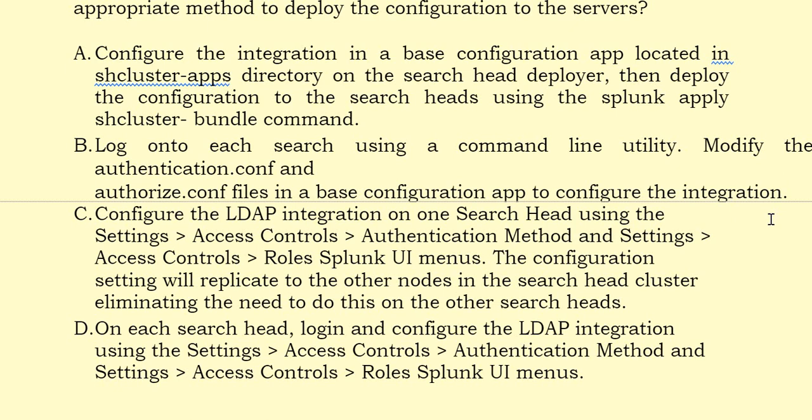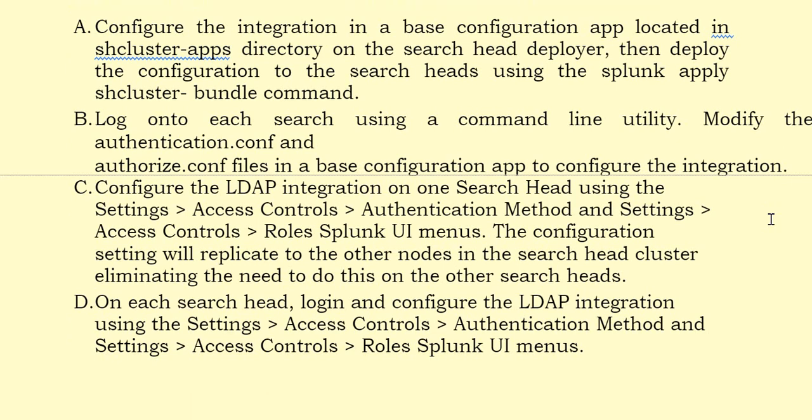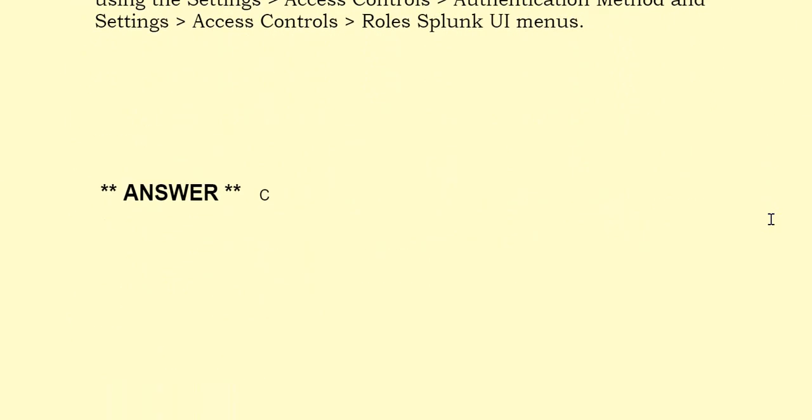Option D. On each search head, log in and configure the LDAP integration using the Settings, Access Controls, Authentication Method and Settings, Access Controls, Roles Splunk UI menus. The correct answer is option C.